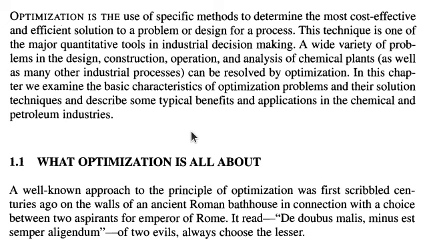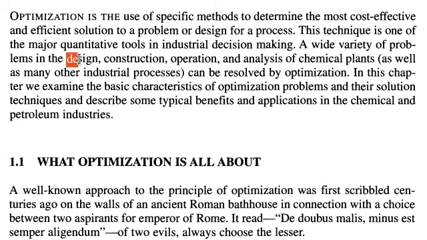And this technique is one of the major quantitative tools in industrial decision making. So optimization is a tool, actually it is a technique through which you find the cost effective and efficient solution. And a wide variety of problems in the design, construction.